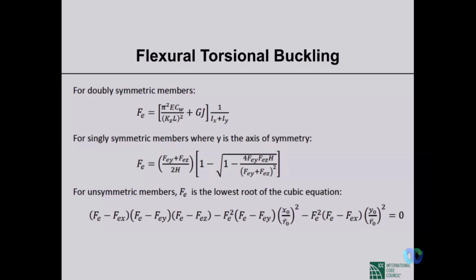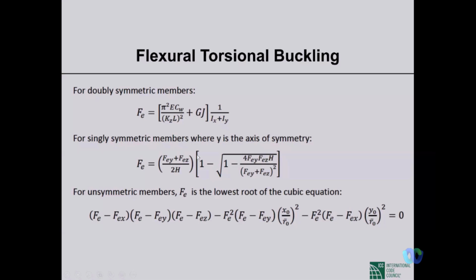For flexural torsional buckling, the formulas become more complicated. Okay. Then we have both IX, IY, all the parameters. For doubly symmetric, we don't have torsional term. We don't have Z terms here. But we have some warping constant here. CW is warping constant.